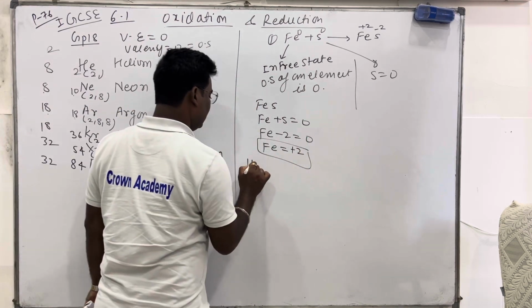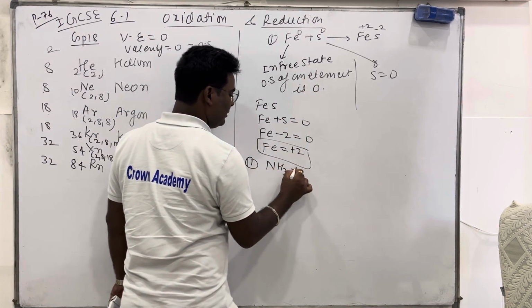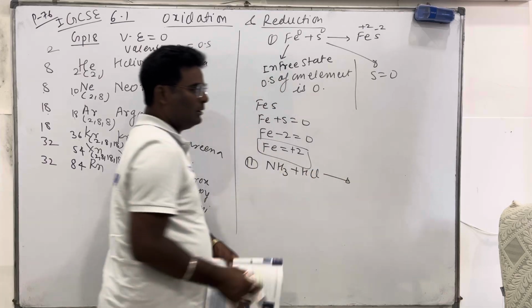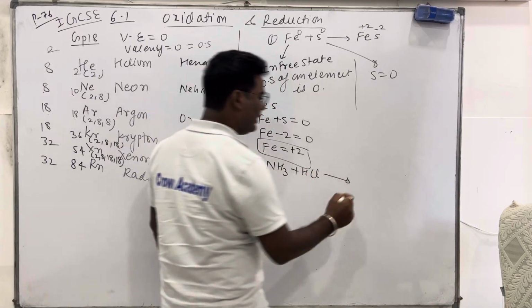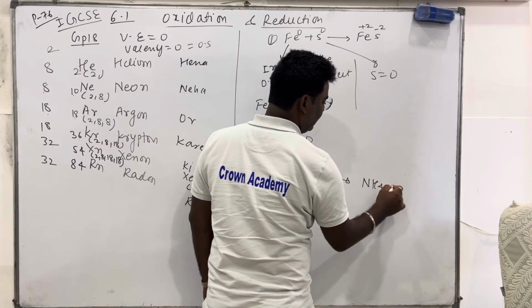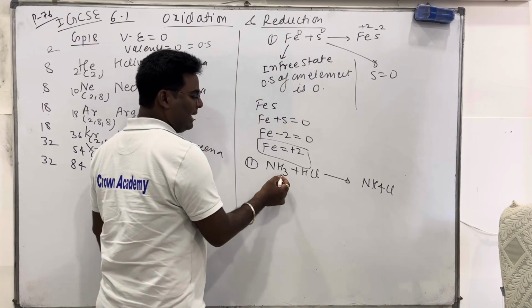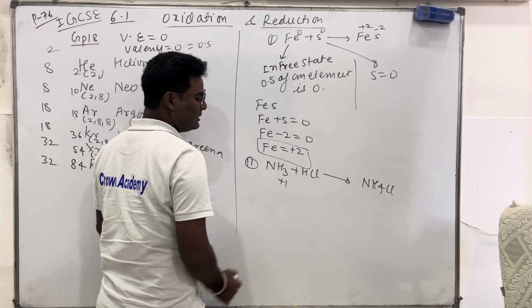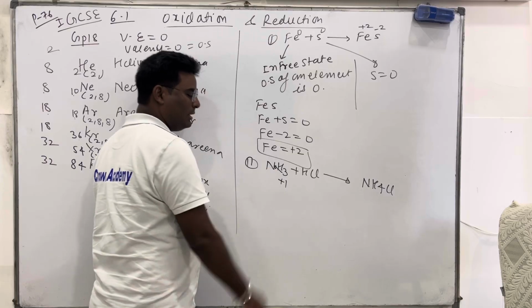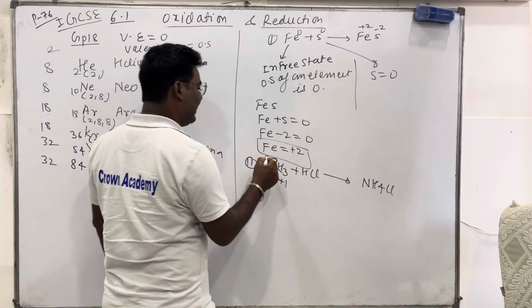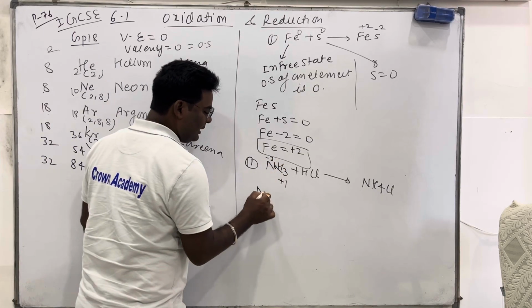when ammonia reacts with HCl, it forms ammonium chloride, NH4Cl. So in ammonia, hydrogen has +1 oxidation state, so by calculation nitrogen has -3 oxidation state. How to calculate?